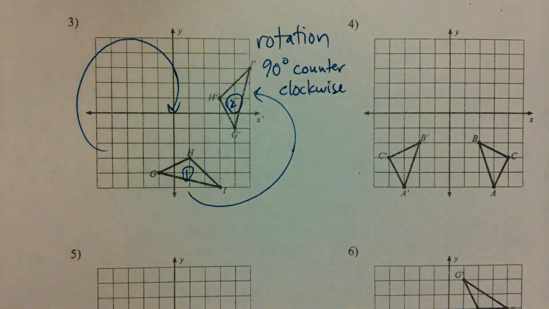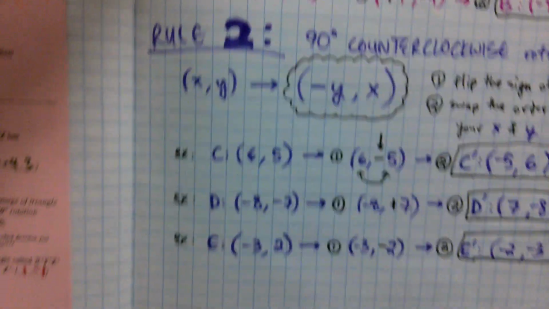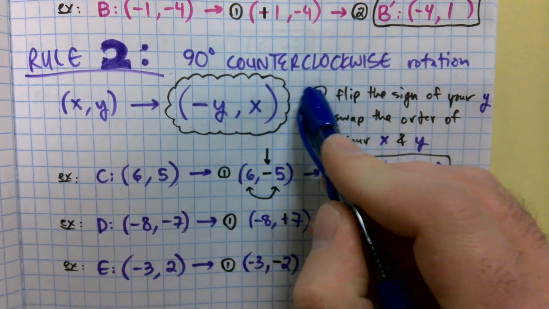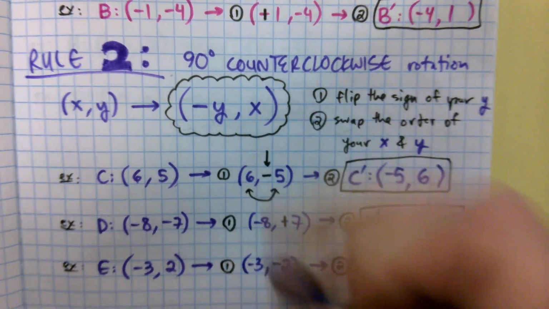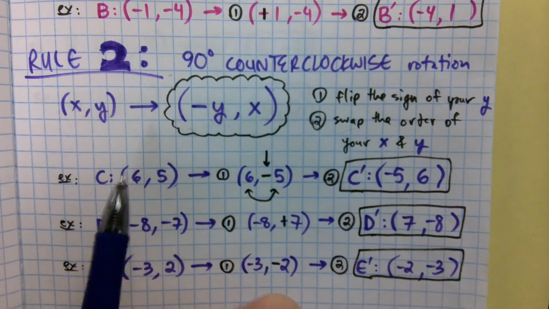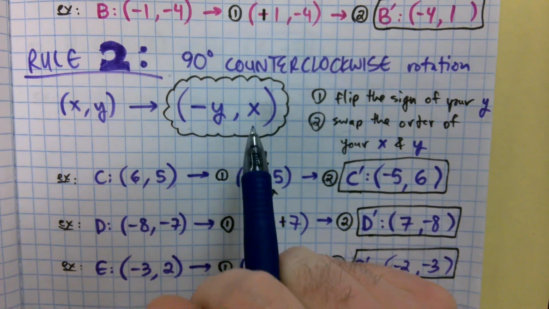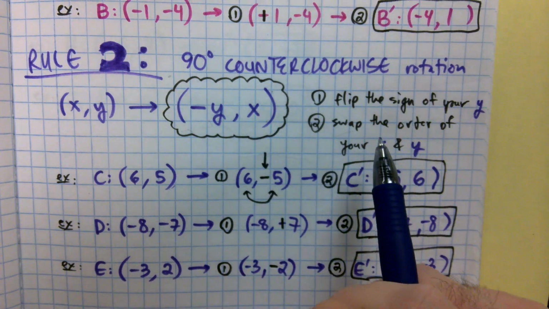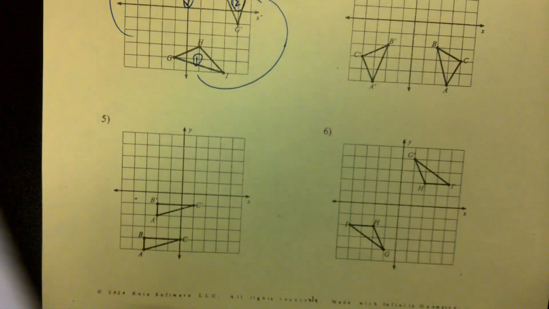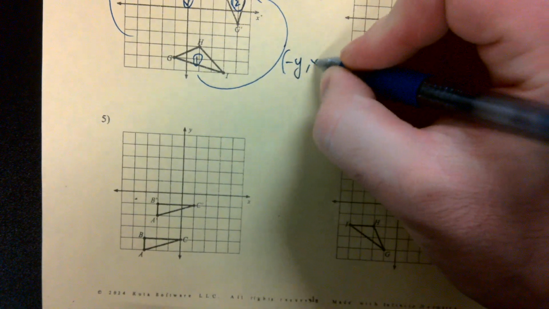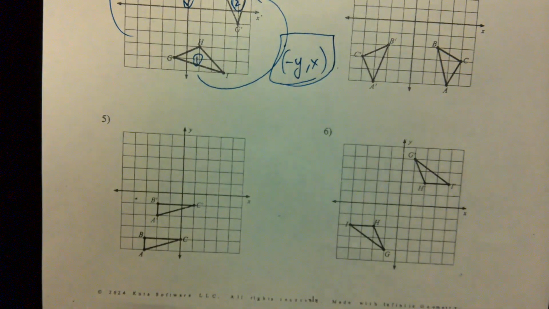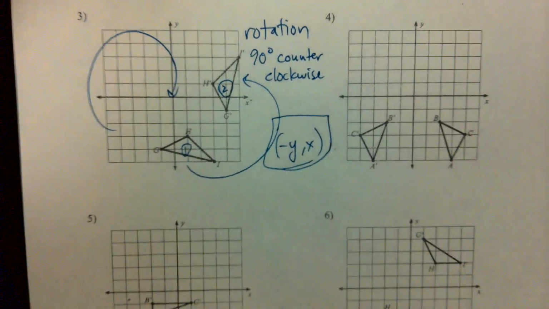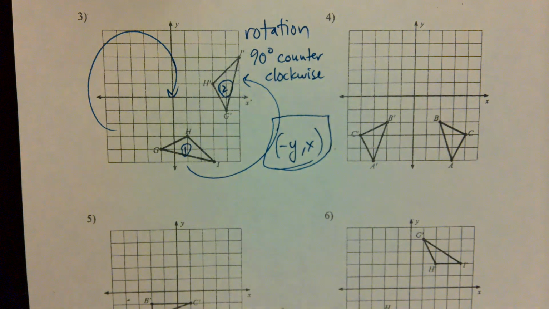So what's the rule? Well, rule number 2 states for a 90-degree counterclockwise rotation, we go from (x, y) to (negative y, x). We flip the sign of our y and swap the x in the y's place. So the rule: negative y, comma, x. Nothing we need to change.